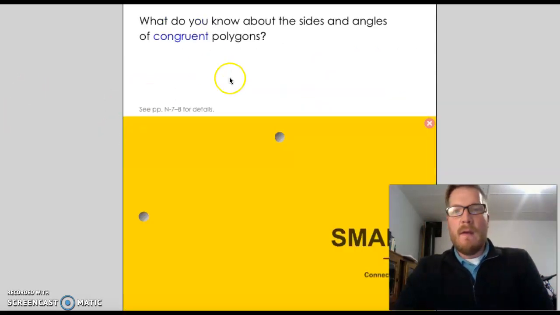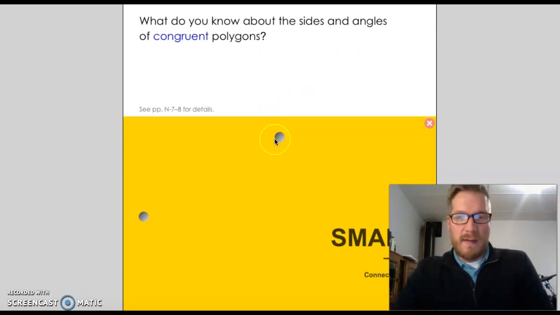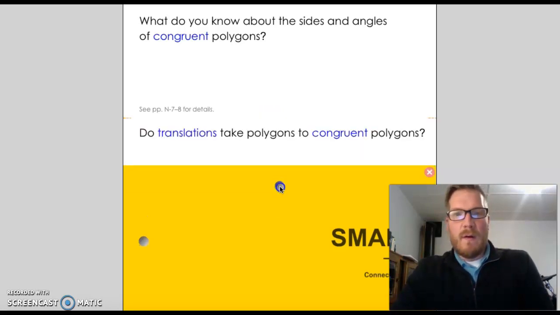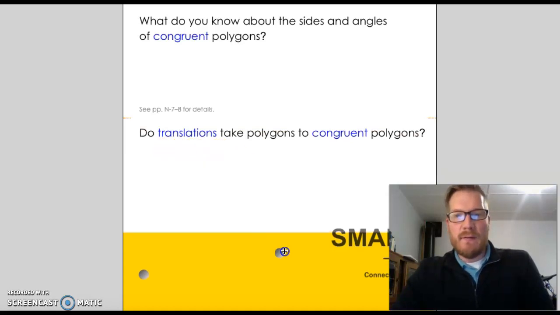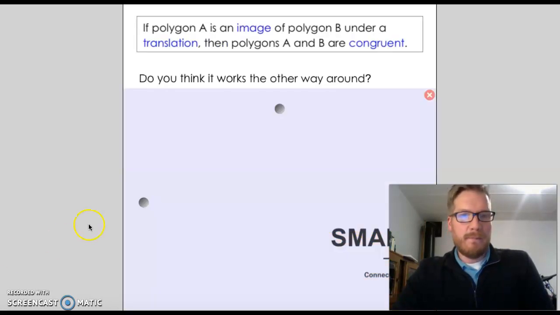Okay. Now the last few slides focus on congruent polygons and how it works with translations. So just try and follow me along with this one. So the question is, do translations take polygons to congruent polygons?